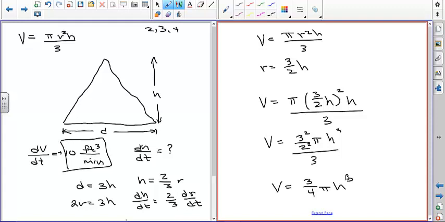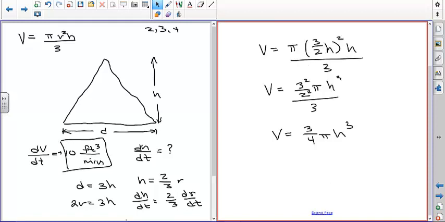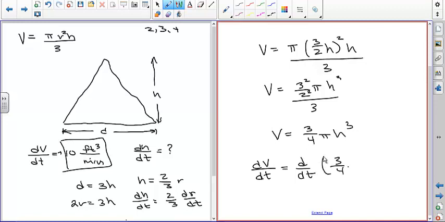So now I've solved in terms of h. Now I take the derivative of that with respect to time. So the derivative of the volume with respect to time is equal to the derivative with respect to time of 3/4 pi h cubed. So dv/dt, the rate of change in volume, is equal to 3/4 pi times 3h squared times dh/dt.